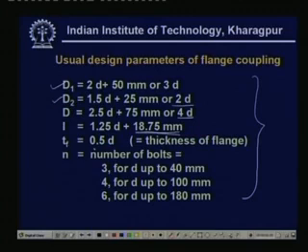Tf, the thickness of the flange, which I mentioned in the last slide, is 0.5d, and n, the number of bolts, may be 3 for d up to 40 millimeter, 4 for d up to 100 millimeter, 6 for d up to 180 millimeter. So, these are the usual dimensions maintained in practice.